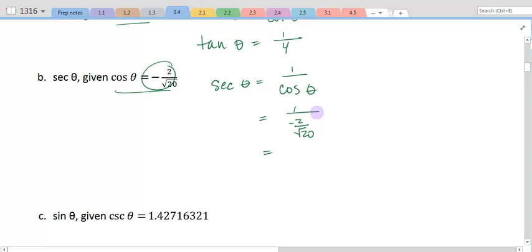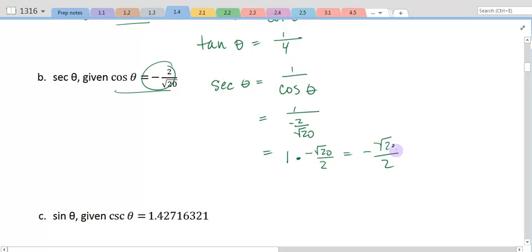I know that this fraction bar right here technically means division. So if I'm going to take 1 divided by the denominator, that means I multiply by the reciprocal, which would be the square root of 20 over -2. And therefore, that answer looks like negative square root of 20 over 2.